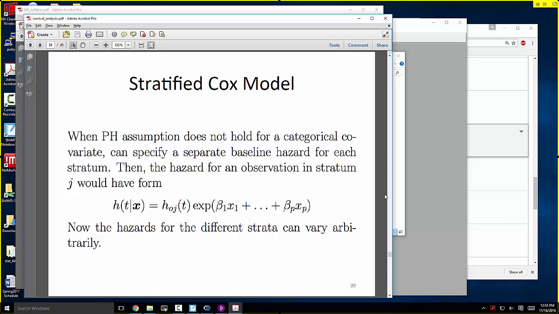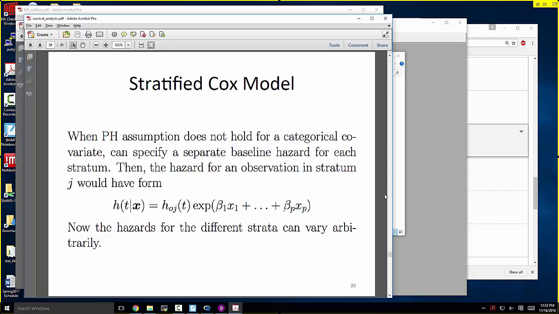Another kind of trick that we can do with Cox models has to do with when the proportional hazards assumption does not hold. We've talked a fair amount about assessing whether the Cox model holds. We've seen the log minus log of survival curves plots, and we've seen the cox.zph function that gives us p-values for whether the proportional hazards assumption holds. So suppose that proportional hazards does not hold with respect to a particular variable, covariate.